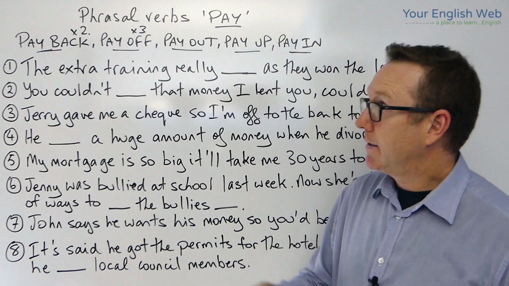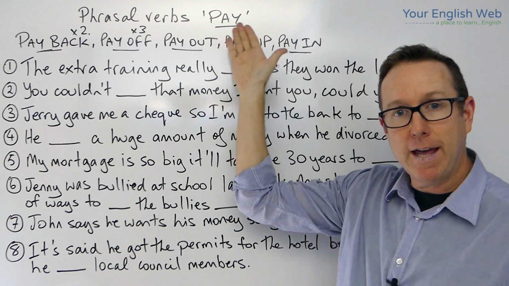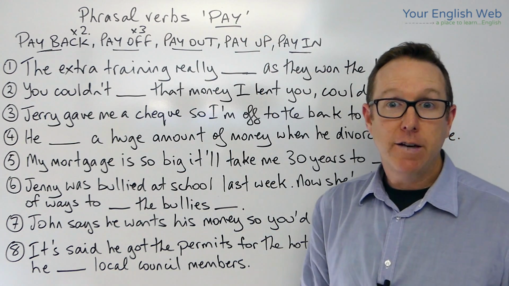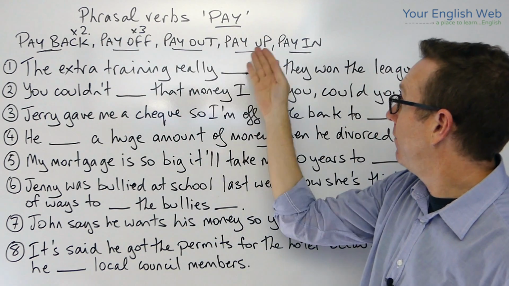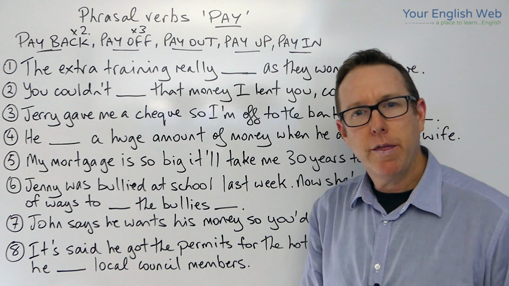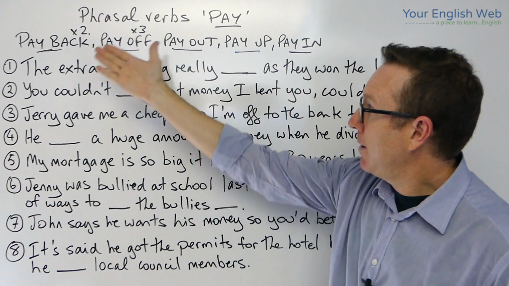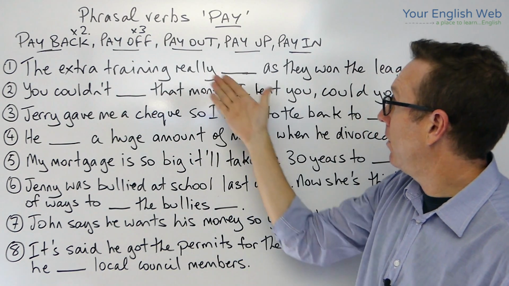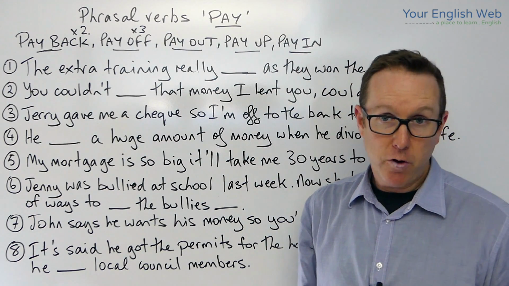Now, as I said, today's lesson is looking at phrasal verbs with this verb here, pay. And the good news is that we only have 5 phrasal verbs, more or less, with the verb to pay. Perhaps there's one more, but pay back, pay off, pay out, pay up, and pay in are the main phrasal verbs.